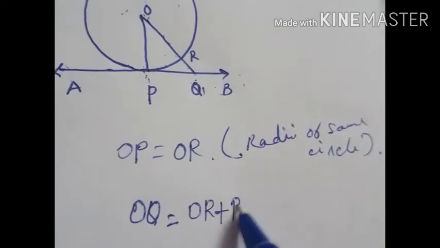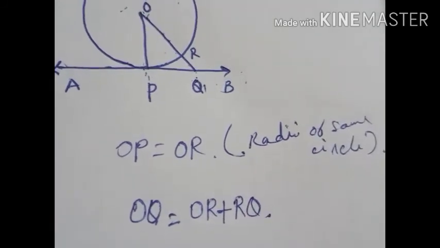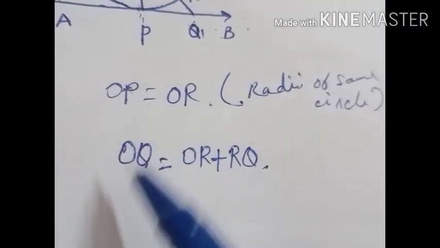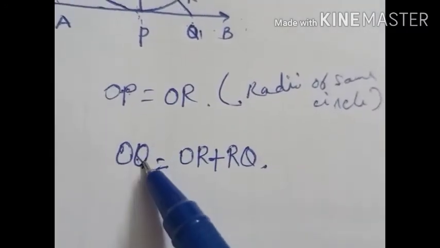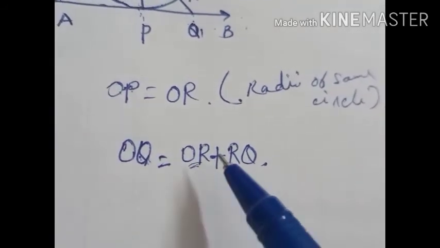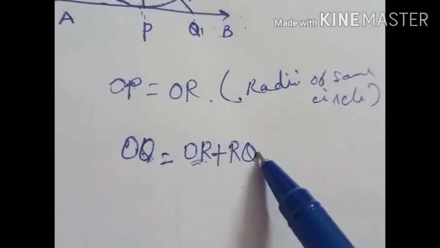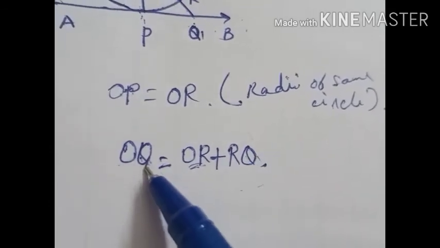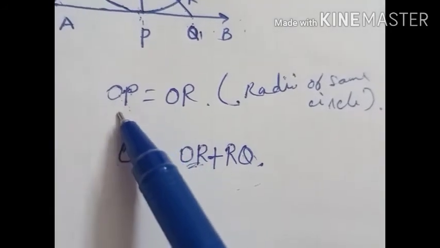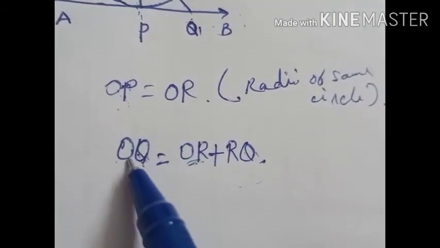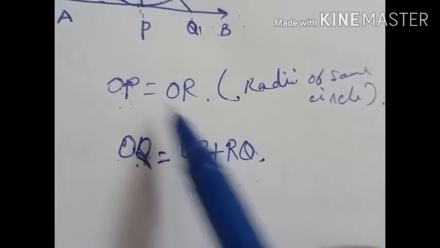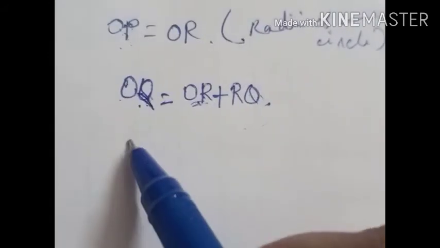OR plus RQ. So clearly we can identify that OP is smaller than OQ, because RQ is a positive value.